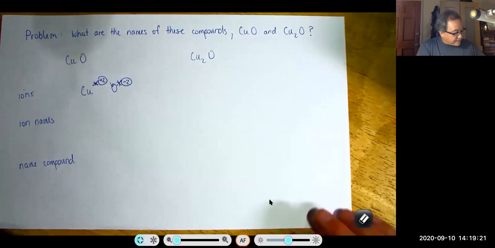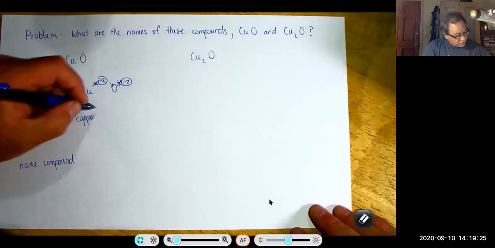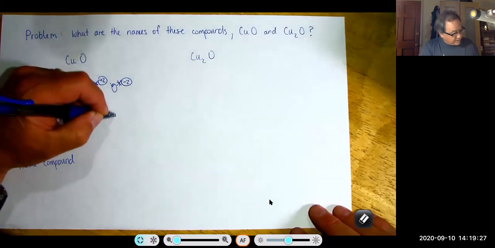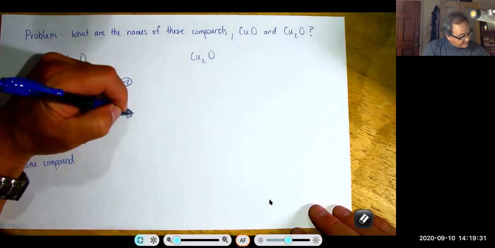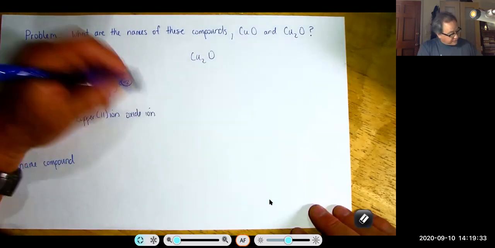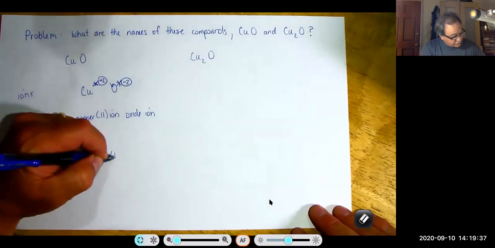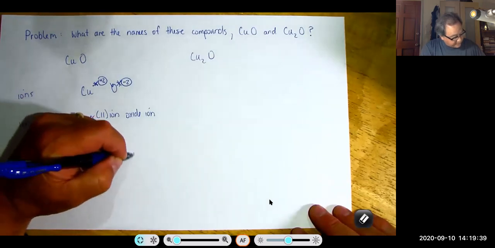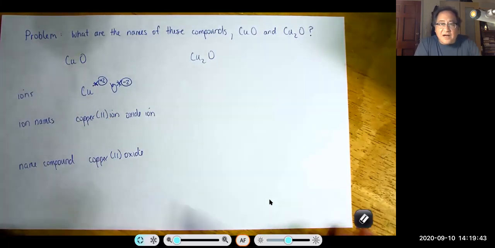So what is the name of this ion? It's called copper 2 ion. What's the name of this ion? It's called the oxide ion. We put the two together and we get copper 2 oxide.